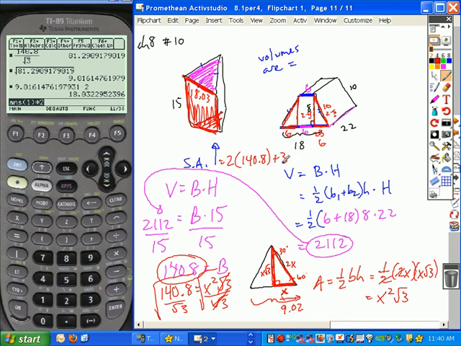So we're going to add to that 3 times the base of 18.03 times the corresponding height of 15. And so that total sum will give you your surface area. I'm not going to calculate that through. You can do the calculation on your own, but you'll just add up all those pieces.